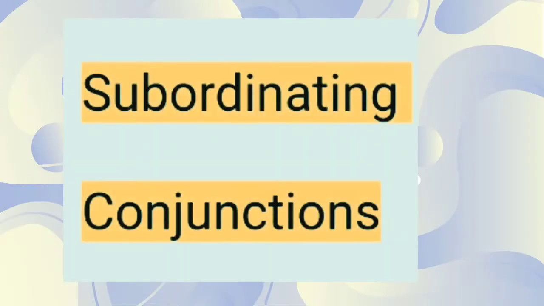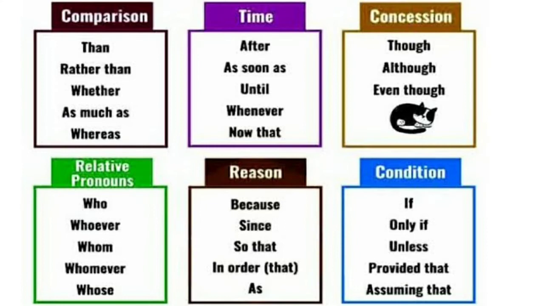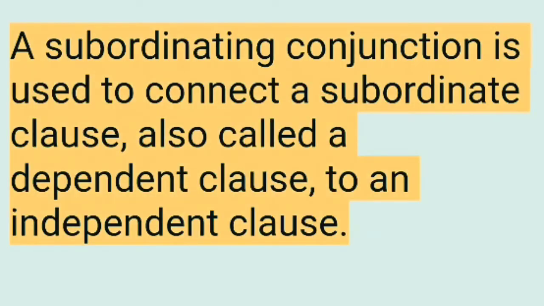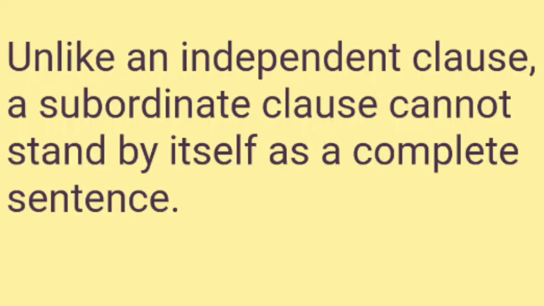Subordinating conjunctions. A subordinating conjunction is used to connect a subordinate clause, also called a dependent clause, to an independent clause.